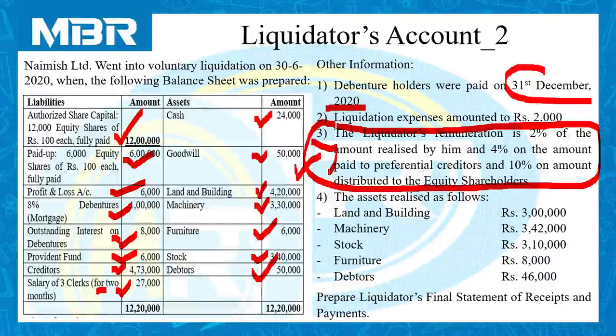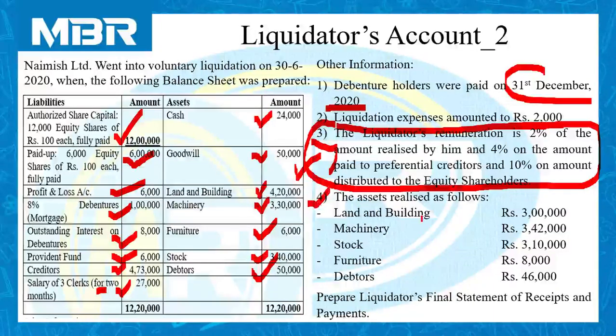First, 2% of the assets realized by the liquidator. Second, 4% on the amount paid to the preferential creditors of the company. And third, 10% on the amount distributed to the equity shareholders. Even in a final examination, we can expect this kind of calculation for liquidator's remuneration.